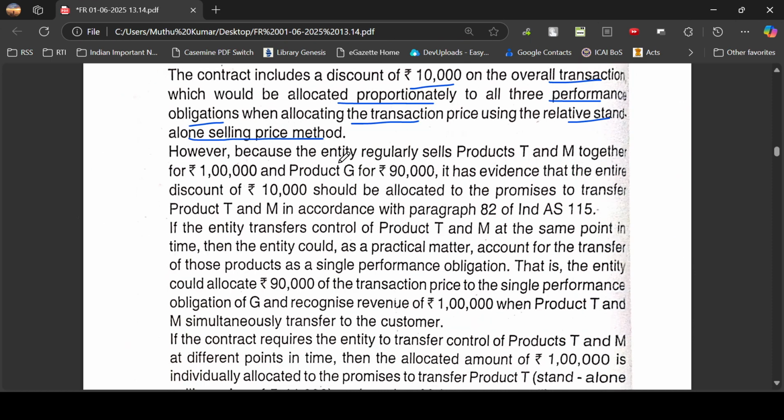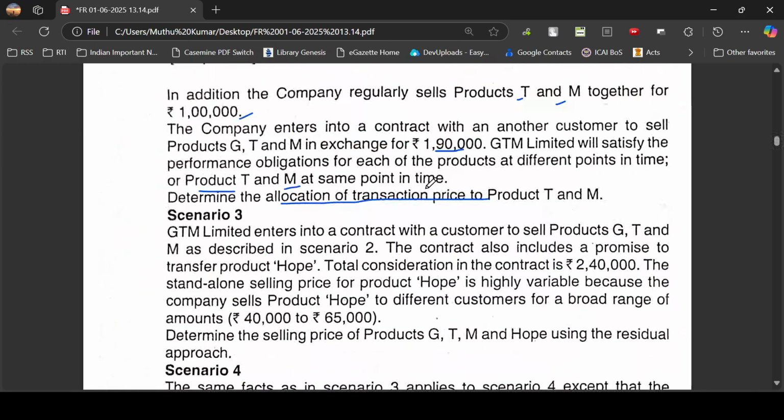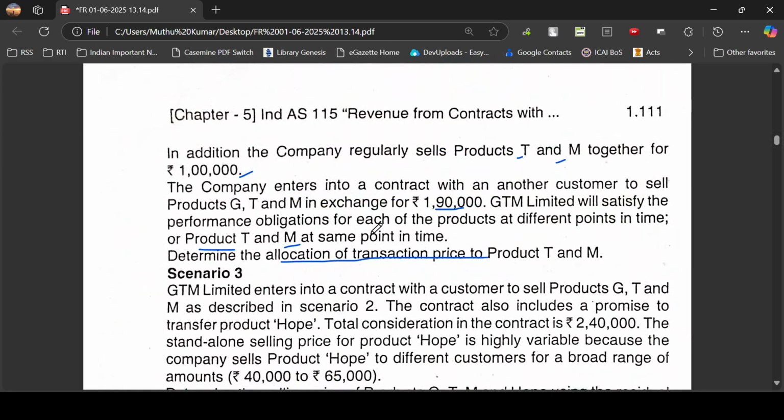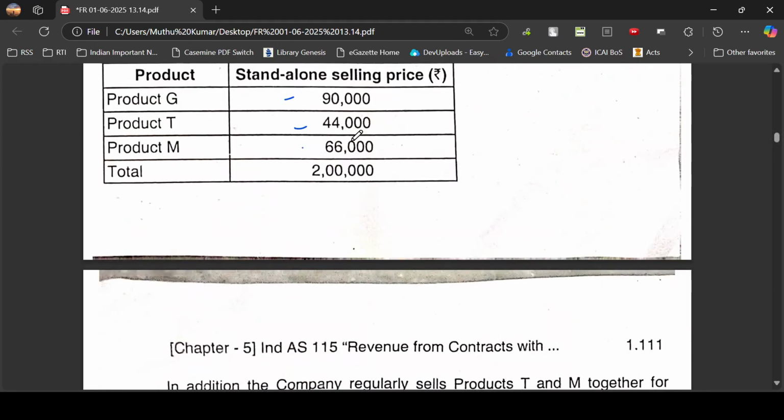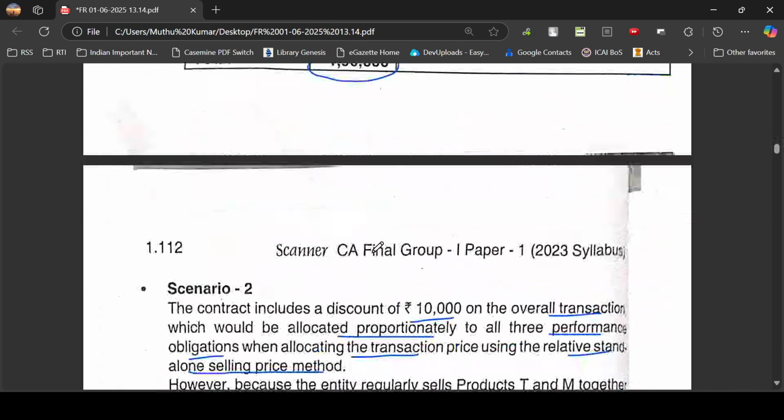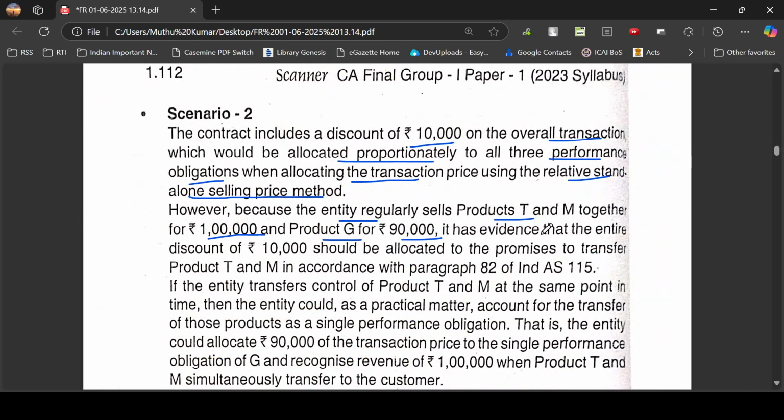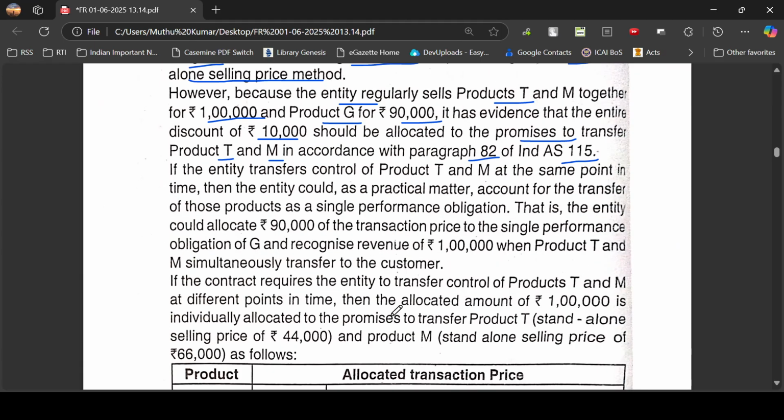However, because the entity regularly sells products T and M together for 1 lakh and product G for 90,000, this is evidence that the entire discount of 10,000 should be allocated to the promise to transfer products T and M, in accordance with para 82 of Ind AS 115.